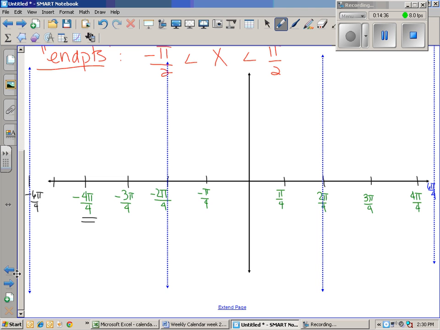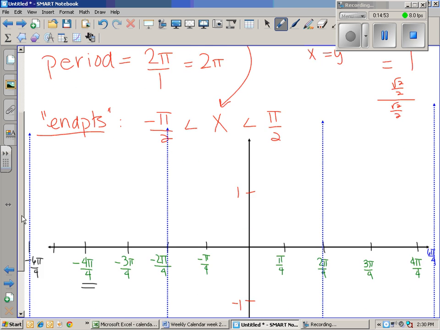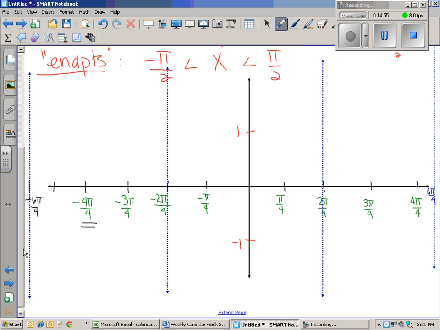At pi over 4, you should see square root of 2 over 2, square root of 2 over 2. What's the square root of 2 over 2 divided by the square root of 2 over 2? You should get 1. So at pi over 4, I have a value of 1.